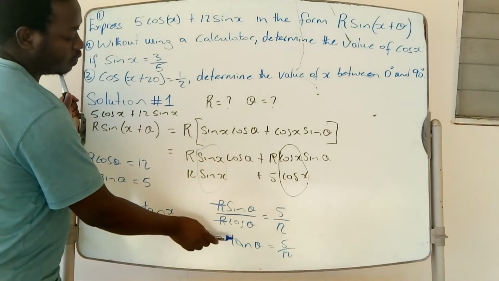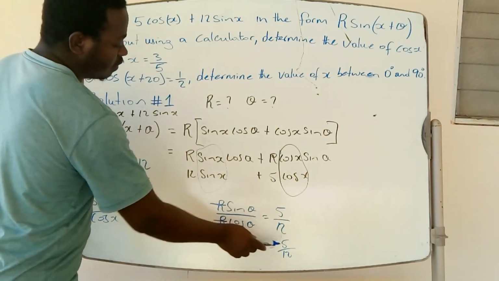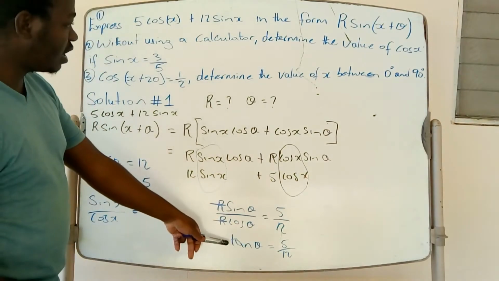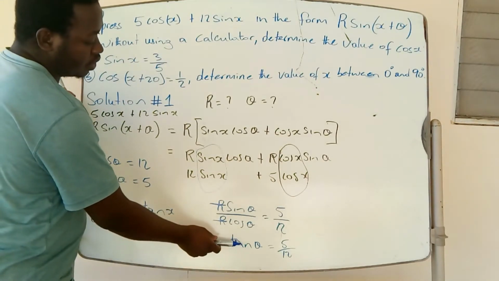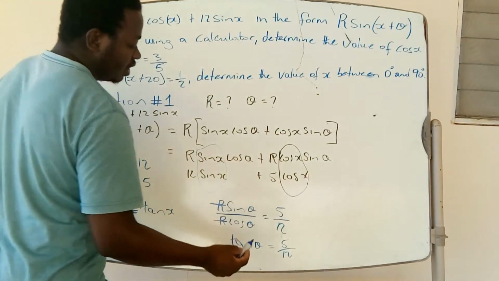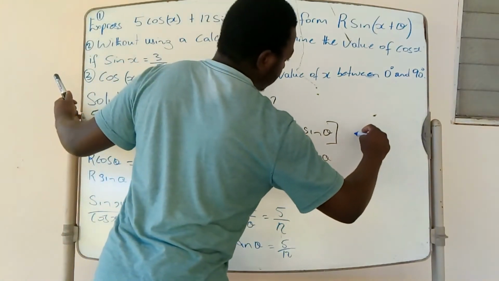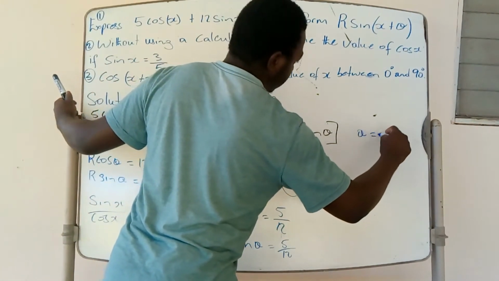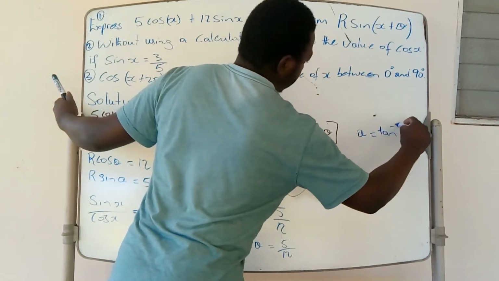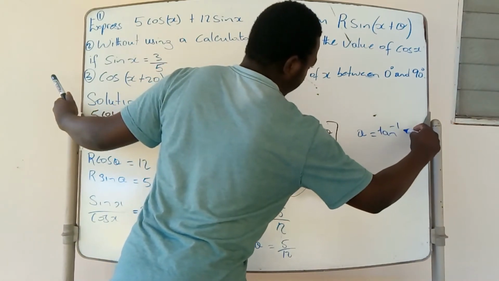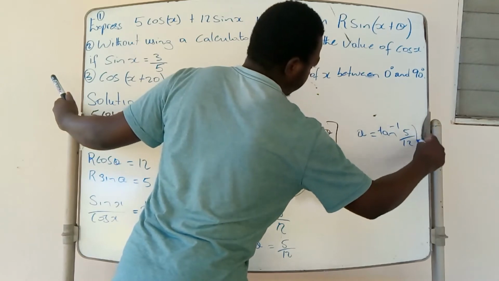Now from having tangent theta equal 5 over 12, I can easily find the value of theta. All I need to do is take the inverse of both sides. So theta is equal to tangent inverse of 5 over 12.